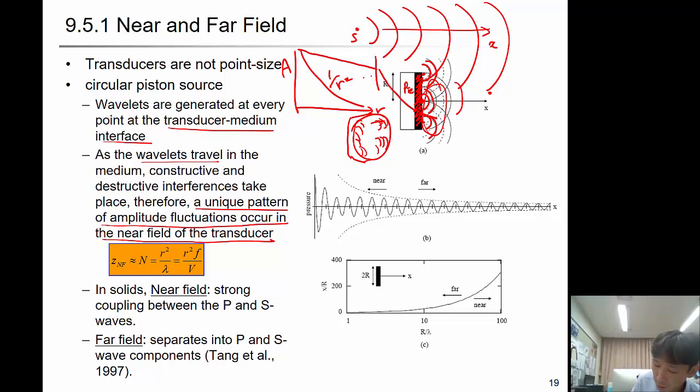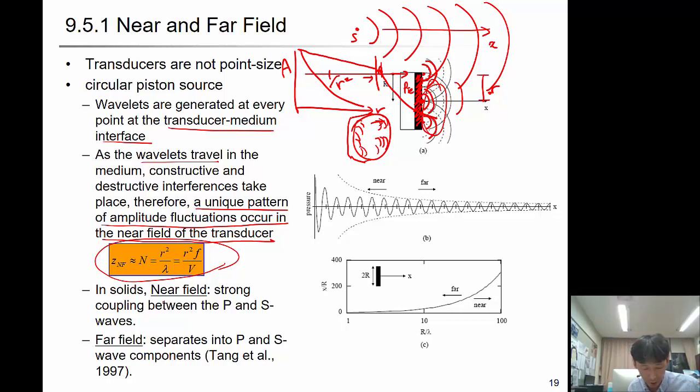So up to this point, it's called the near field. And after this point, it's called the far field. So how long will that near field be? That can be calculated using this equation, r squared over lambda, where r is the radius of your transducer.